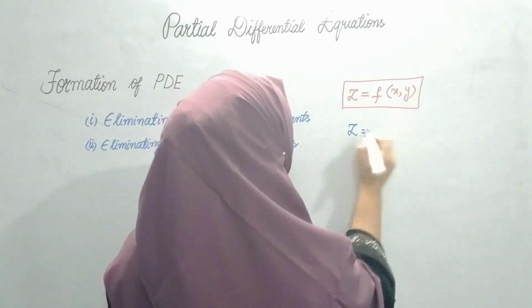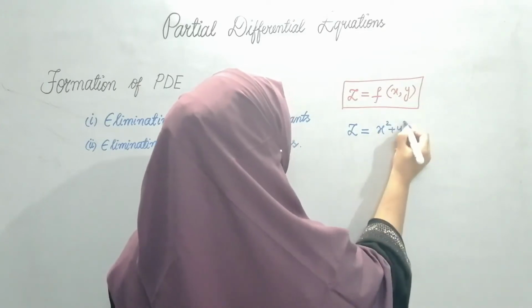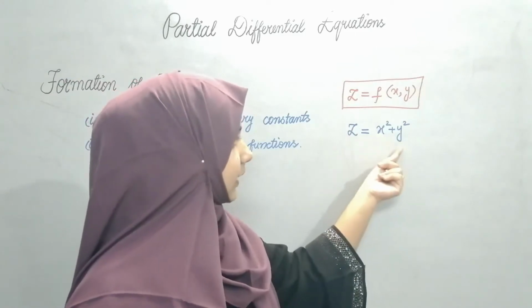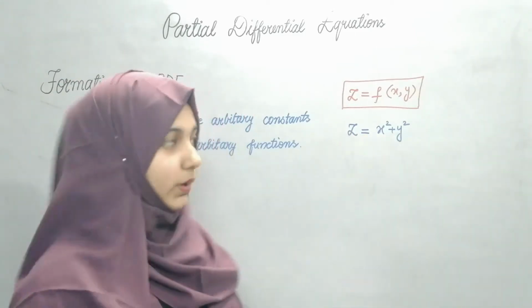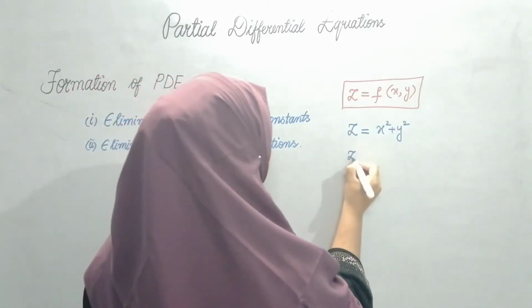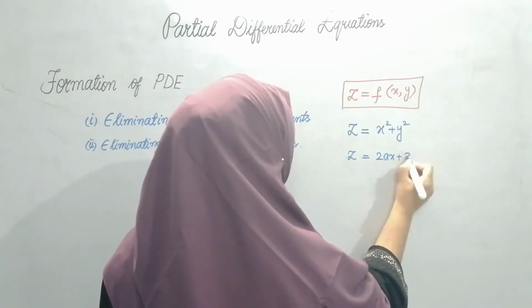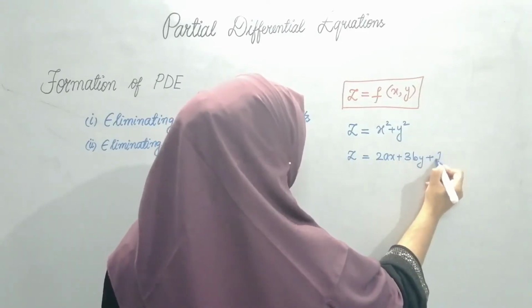For example, z is equal to x square plus y square. Here I've got an x term and a y term, so z is a function in terms of x and y. One more example can be z is equal to 2ax plus 3by plus 1, anything.